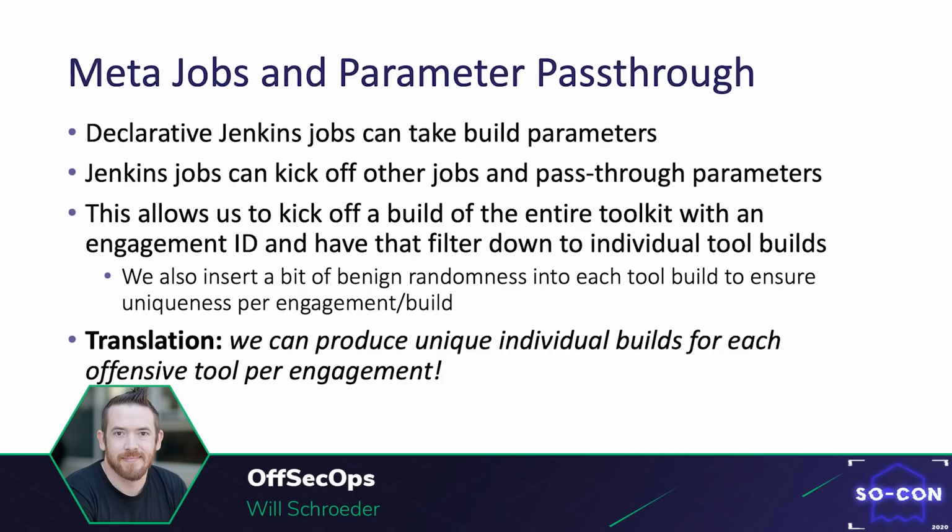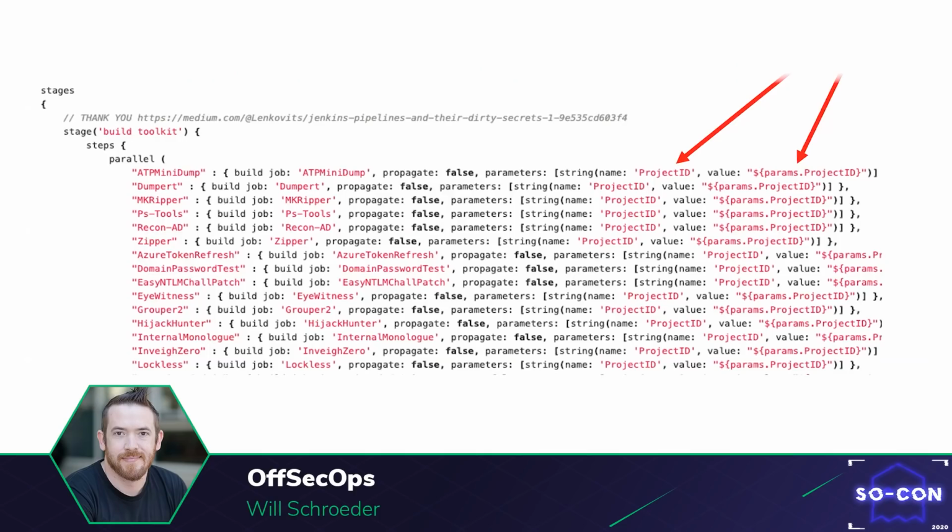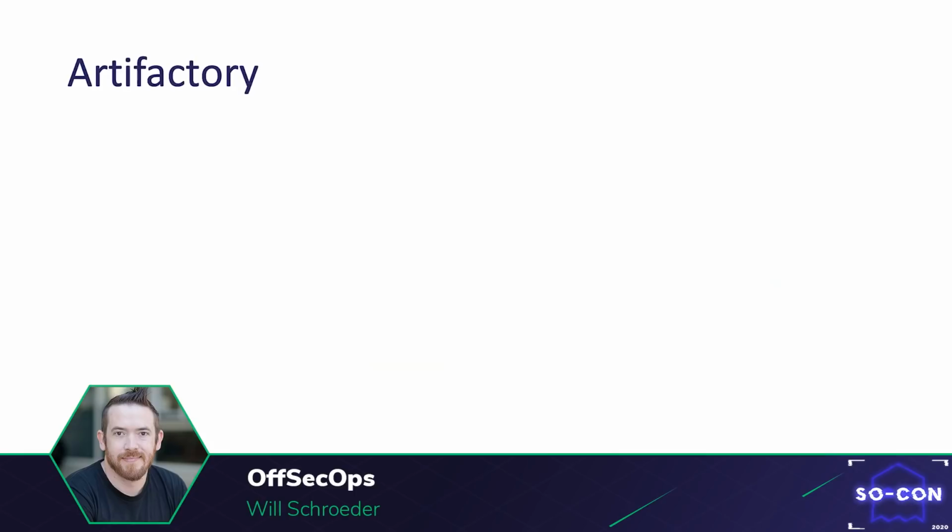So given a particular checksum, SHA-1 or MD5, of any artifact we've ever deployed, we can track that back to the exact tool name and op ID that it came from. This is just an example of a meta build, where you're passing through some of these project IDs, nothing too crazy. And that's the build side with Jenkins.